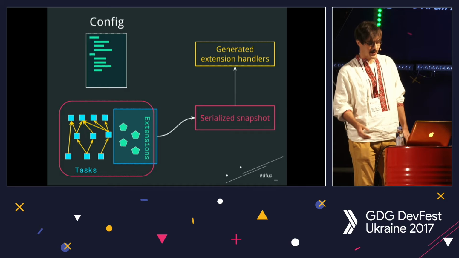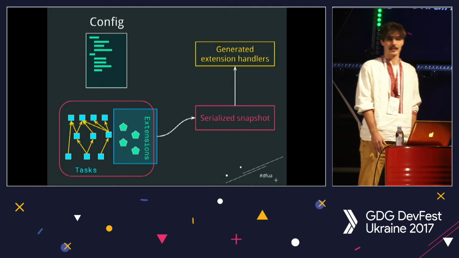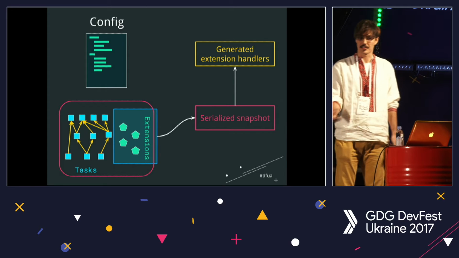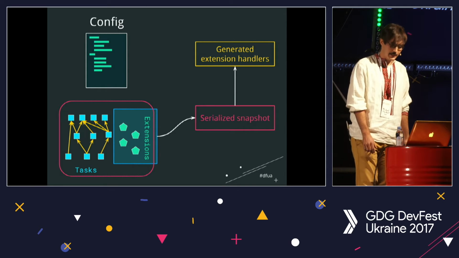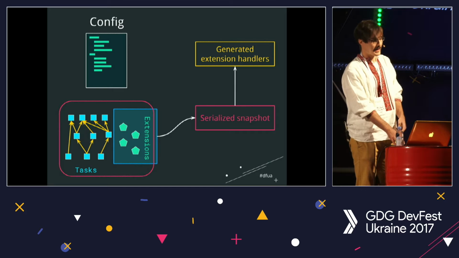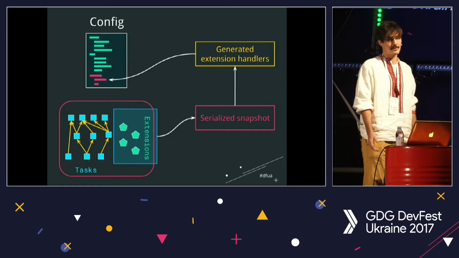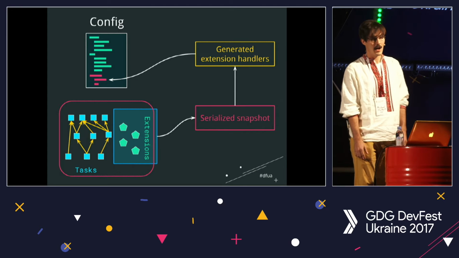After this, Gradle will generate extension handlers, just methods with the same name as extension keywords, and add them to your build script namespace. And after this, you can use this extension in your build script.